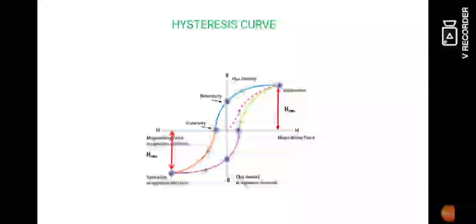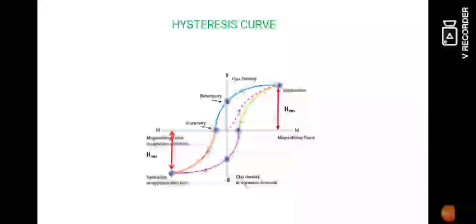Now, if you want to remove this residual magnetism value B, we have to reverse the magnetizing field along the negative x-axis, and the value gradually decreases.